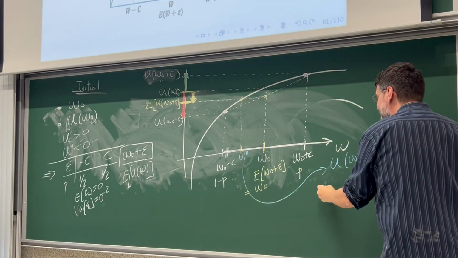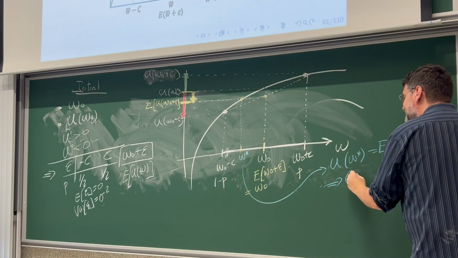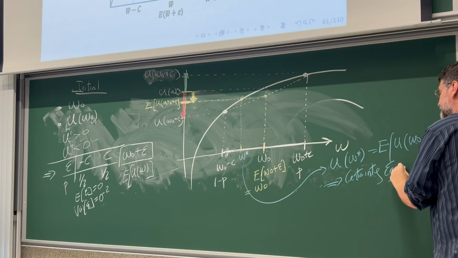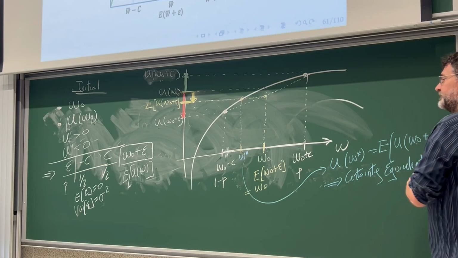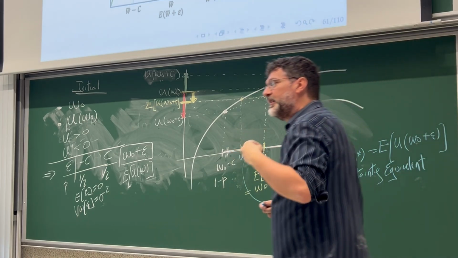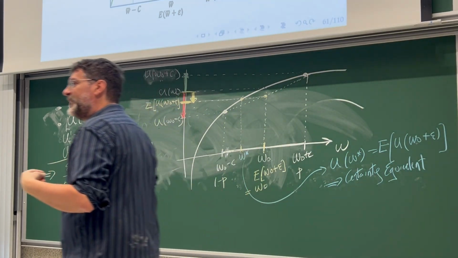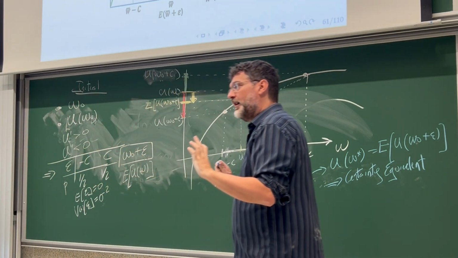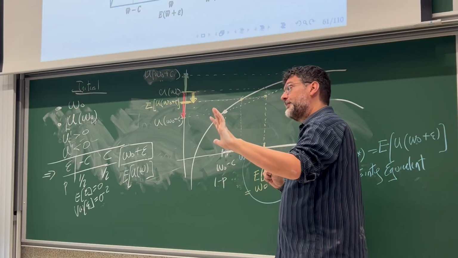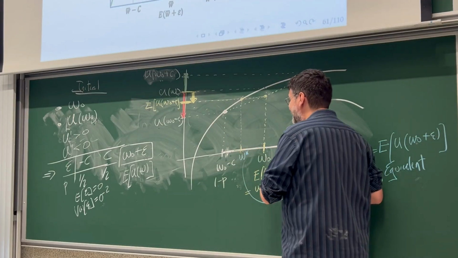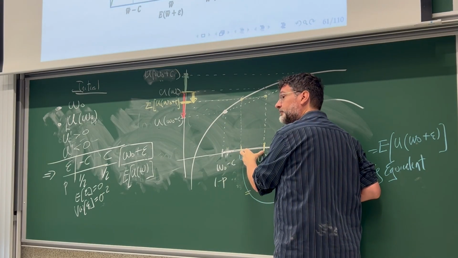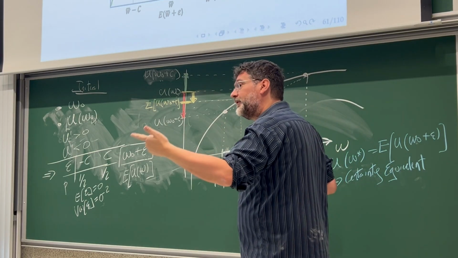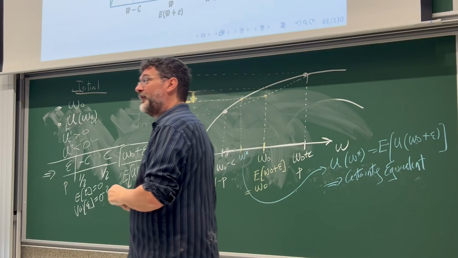This omega star is the certainty equivalent. I experience a reduction in utility, and because this is negative for me, I will say, I'm okay if you take out all this wealth for certain, or if you force me to play the fair game.